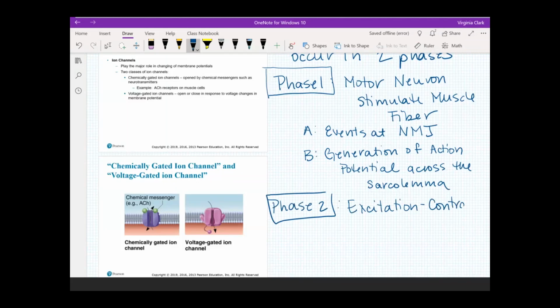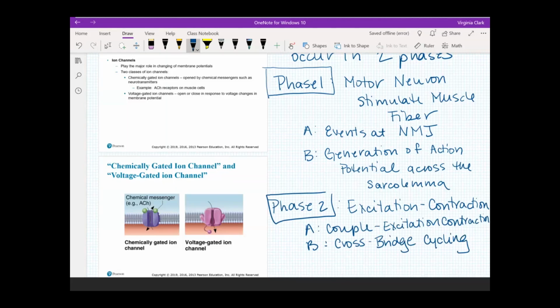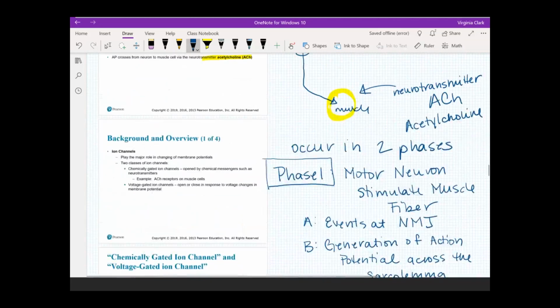So now we're going to couple. Part A is we are actually going to couple our pieces together, and this is going to be through our excitation contraction. And then after we do this step, we are going to go through cross-bridge cycling. And when we finish our cross-bridge cycling, we will have gone through the entire skeletal muscle contraction.